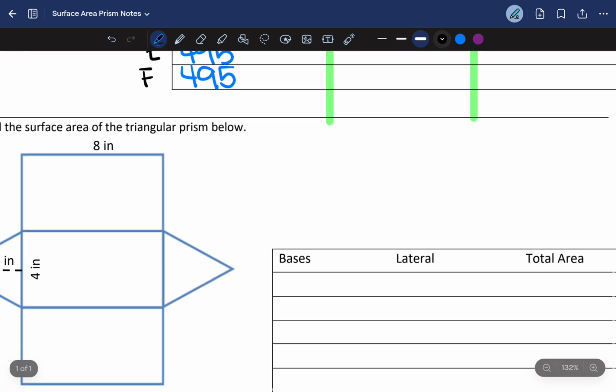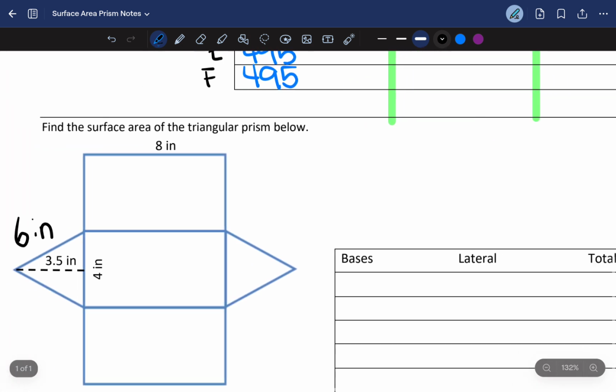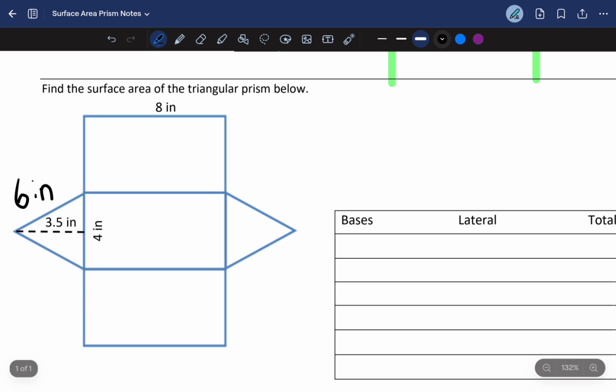Let's take a look at this next shape. So it says to find the surface area of the triangular prism below. So like I just said, the shape of the base is in the name. So if it says triangular prism, the shape of your base is a triangle. So I'm going to highlight those or outline them in blue. And I wasn't certain about what number to use.